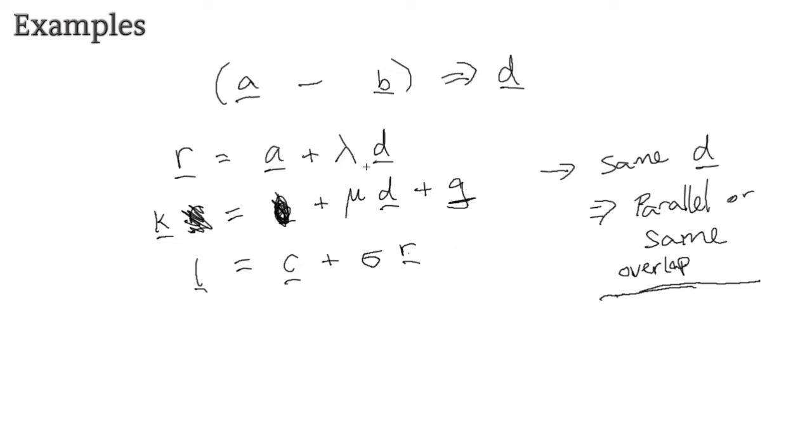So since D and R are not the same, they cannot be parallel, which means that they have to be either skewed or have a solution.